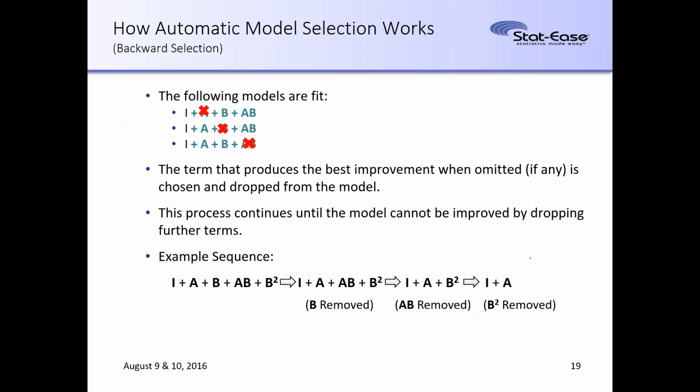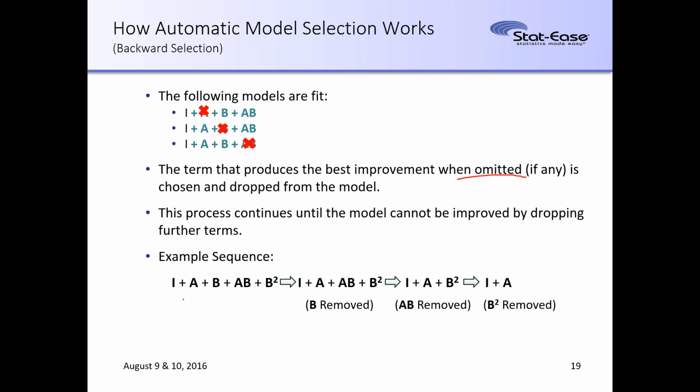And it'll once again start dropping terms one at a time, and it will pick the term that produces the best improvement when omitted, if anything is chosen, and then drop it from the model. And it will keep going until the model cannot be improved by dropping further terms.